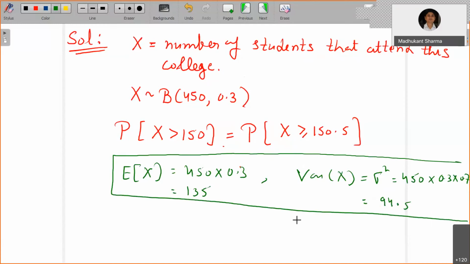Now we want to use the standard normal table, so we convert to the standard normal variate.